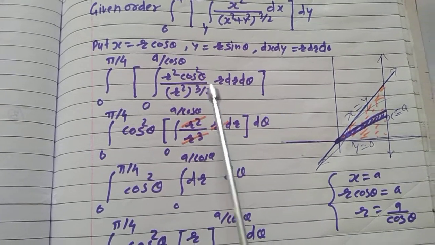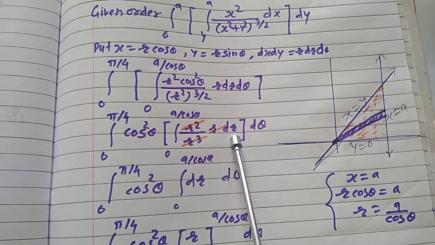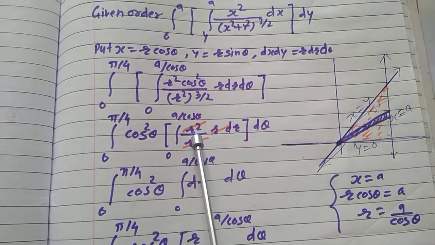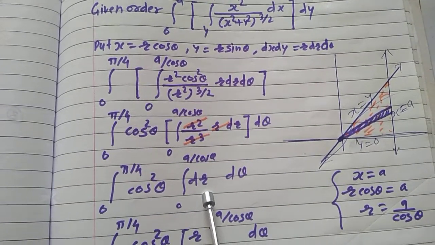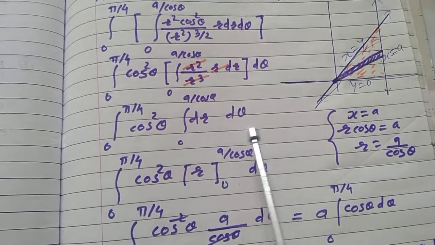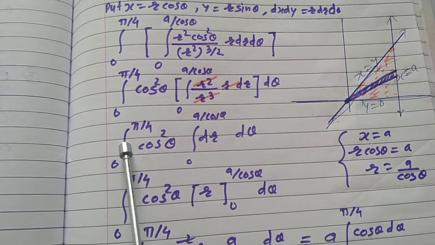Now I want to first integrate with respect to r. Theta is constant, that's why I have taken out this cos square theta, and r square, r and r cube totally cancel, and you only integrate dr. What is integration of dr? R. Put upper limit a by cos theta. Sorry, I have forgotten.